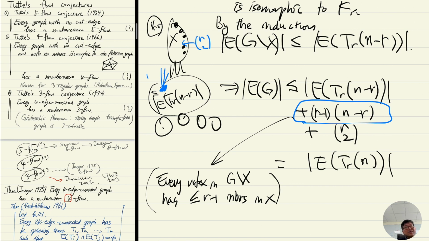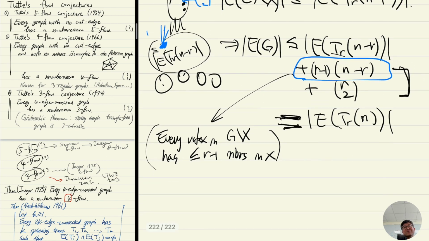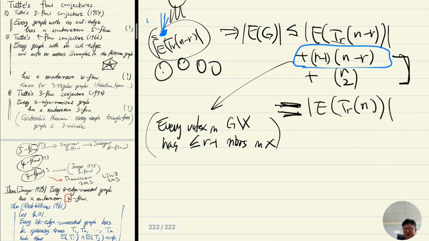Now, once you look at the equation from the Turan graph of m minus r vertices and the Turan graph of m vertices, the difference of the number of edges is precisely this. So this equality is easy to observe. Now, when do we have equality?